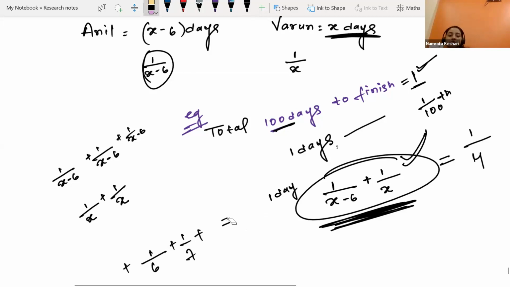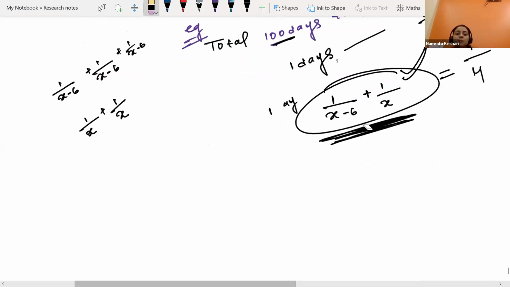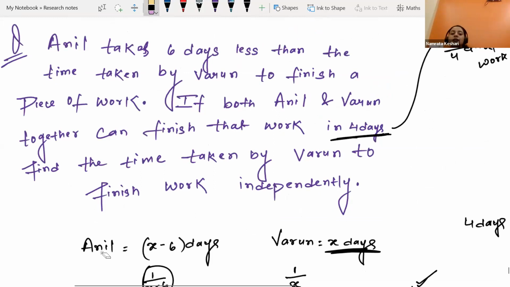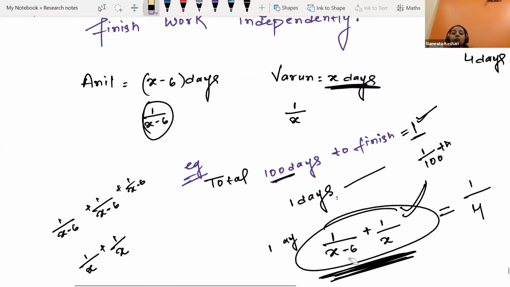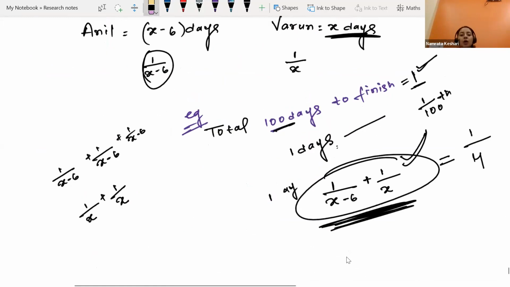This type of question does come in the exam. Keep in mind, this question is from time and work, but after framing the equation we will end up having a quadratic equation. That's why they give this type of question in quadratic equations. After the assumption that Anil is taking x minus 6 days and Varun is taking x days, nothing more you have to write; directly write according to the question.